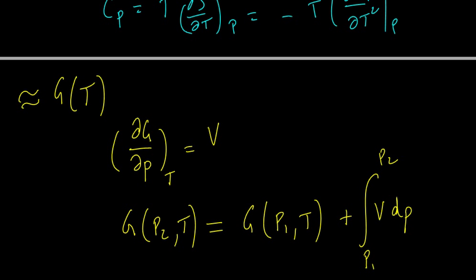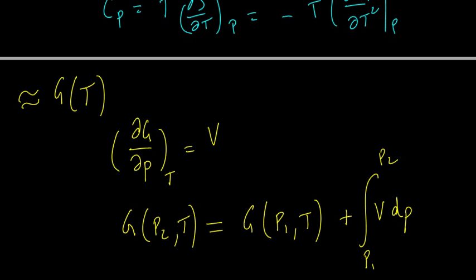If dP is large, think of processes where huge pressures are involved, graphite being turned into diamond. Pressures in the crust of the earth, for example, are huge, and then I cannot ignore it.